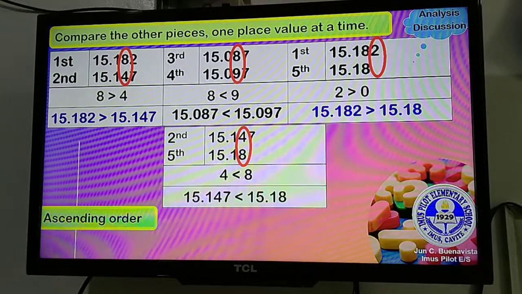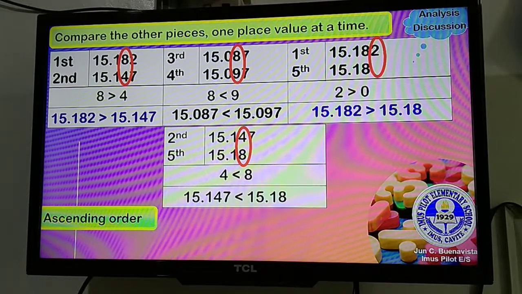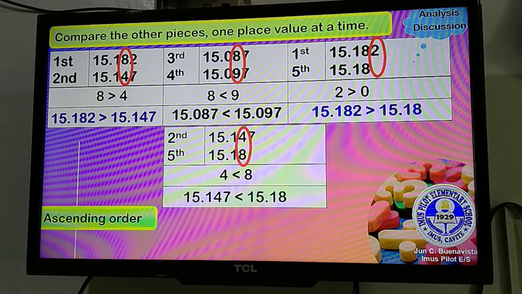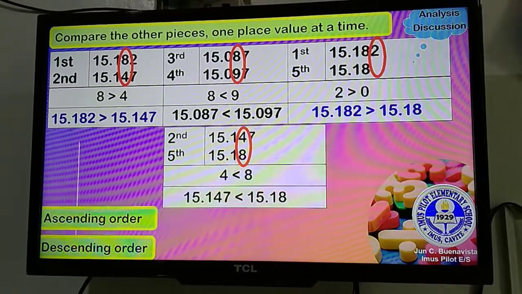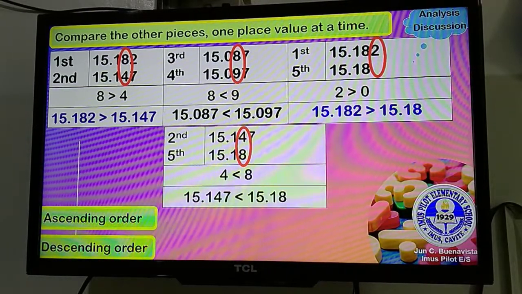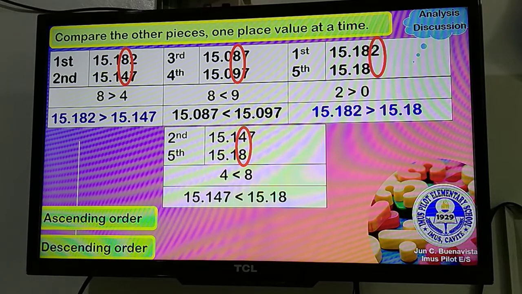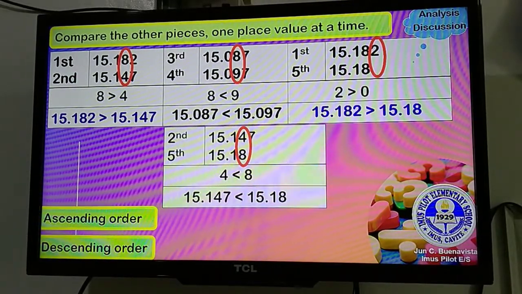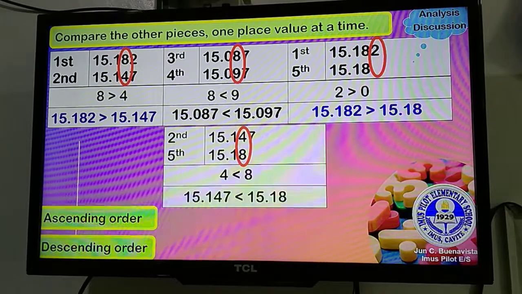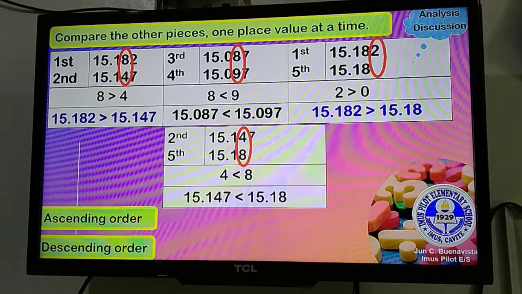So look at your given. What is the smallest among the 5 numbers? Okay, ang pinakamababa sa kanilang lahat ay, anong pinakamababa? Okay, the smallest is 15 and 87 thousandths, followed by 15 and 97 thousandths.